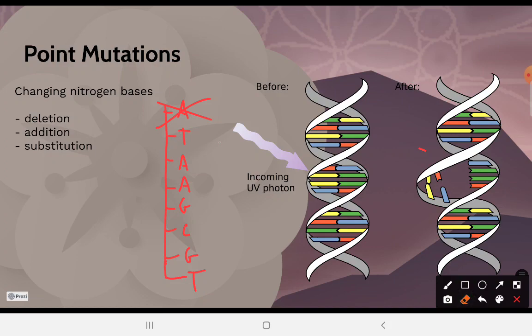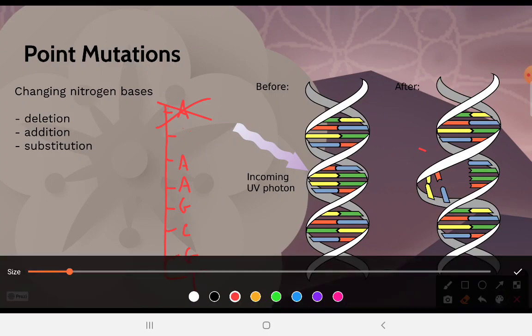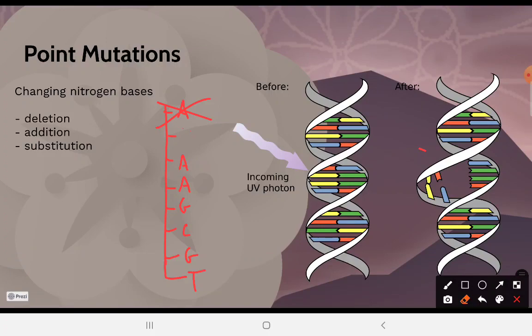Let's get rid of that T, and let's put in something like a G. So those are the 3 different types. We could delete, we could add, or we could substitute a letter, and that's going to change everything for you.